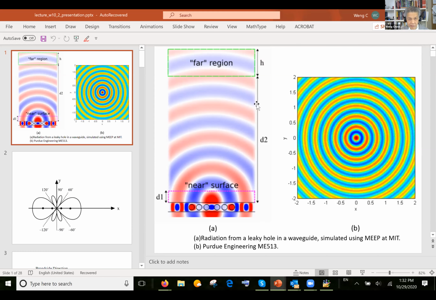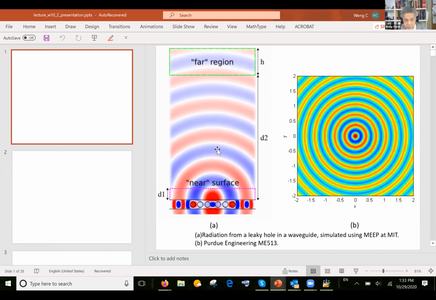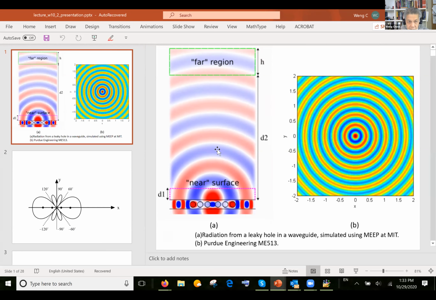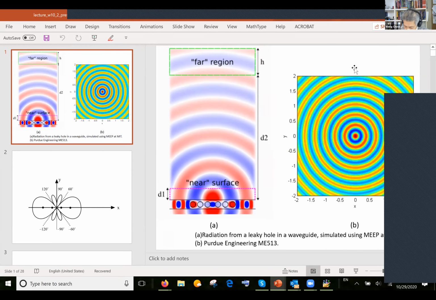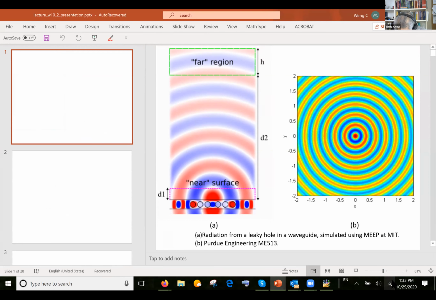So one of these is the simulation of an electromagnetic wave leaking from a hole in the waveguide. One thing I'd like to tell you is that, let me see, this one, looks like I lose my signal.